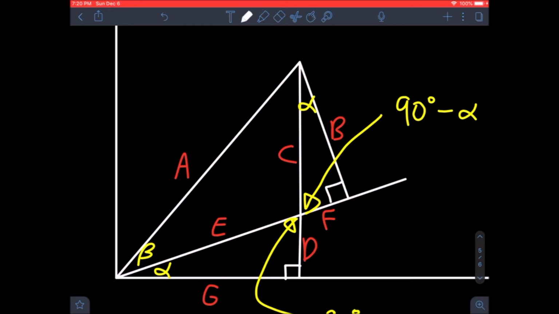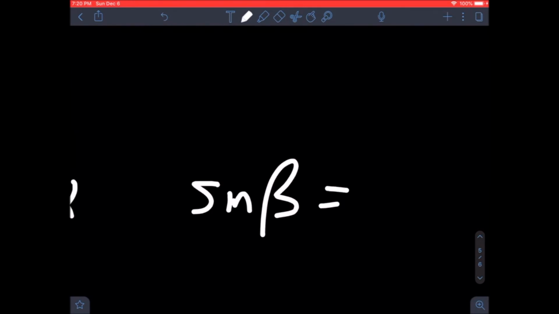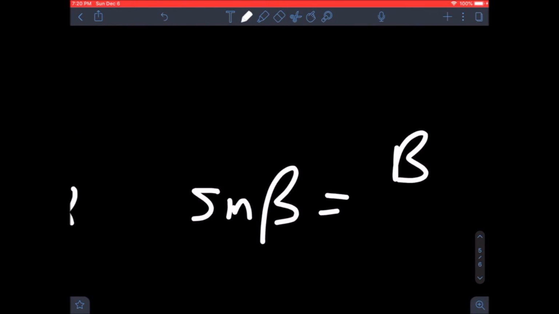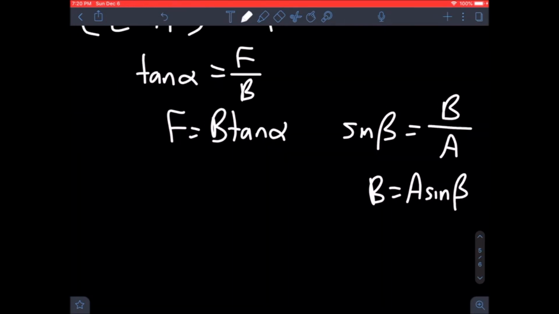The sine of beta is equal to B over A. Just write that down. The sine of beta is equal to B over A. If we solve for B, we get B equals A times the sine of beta.